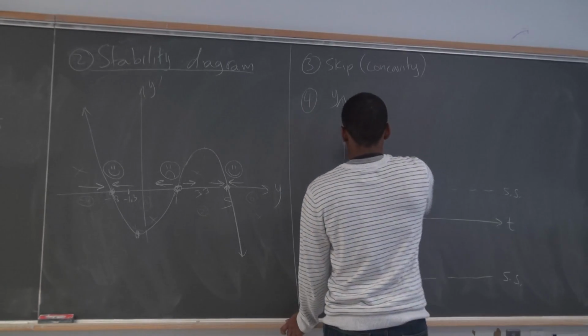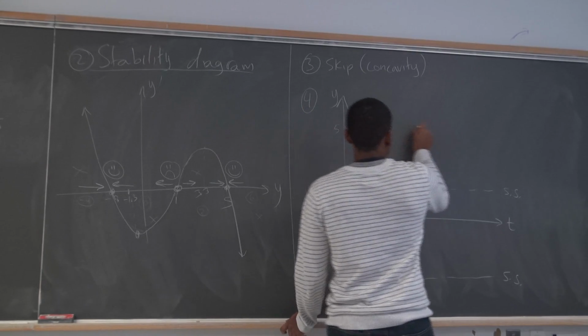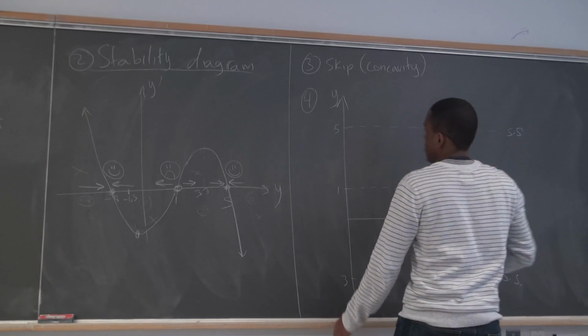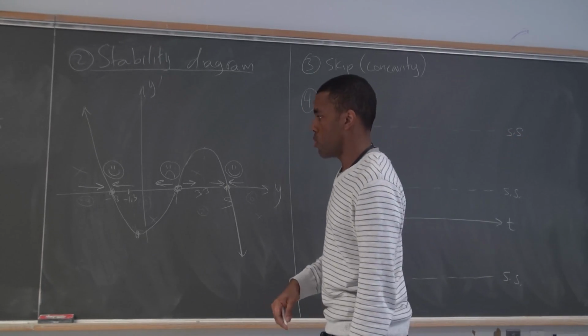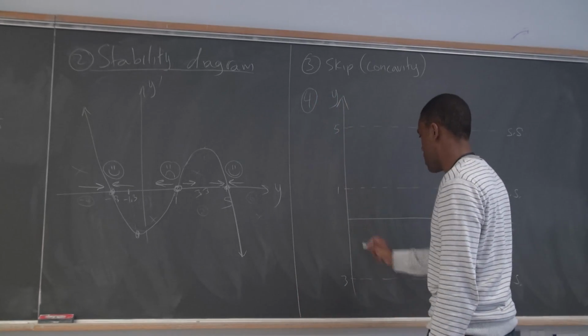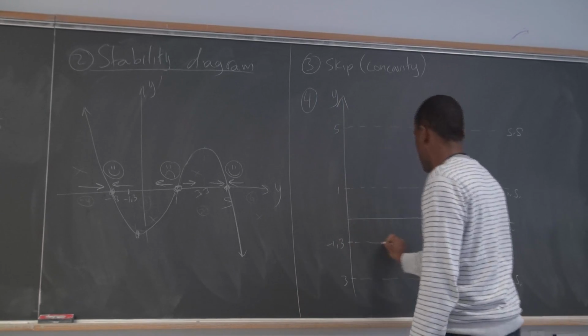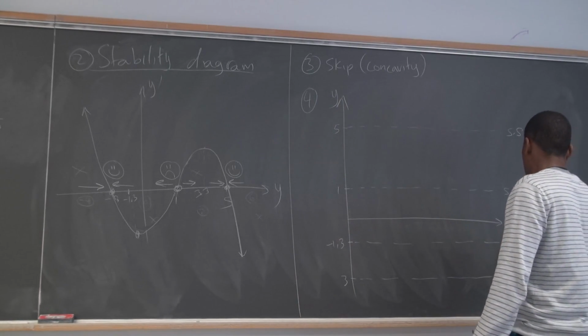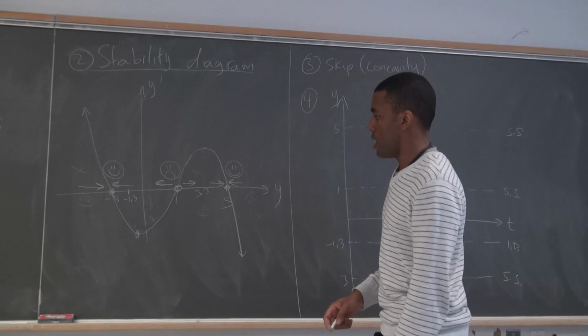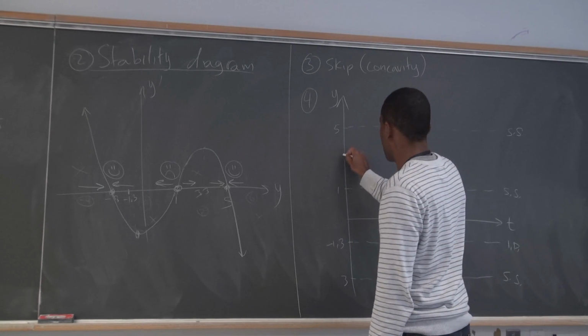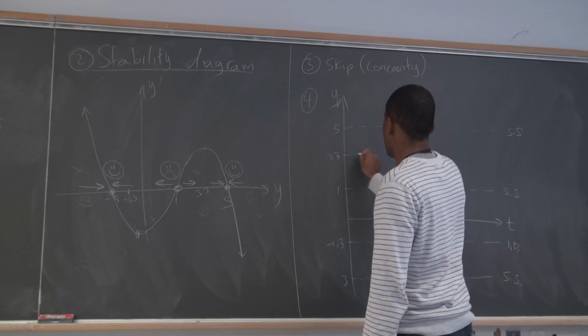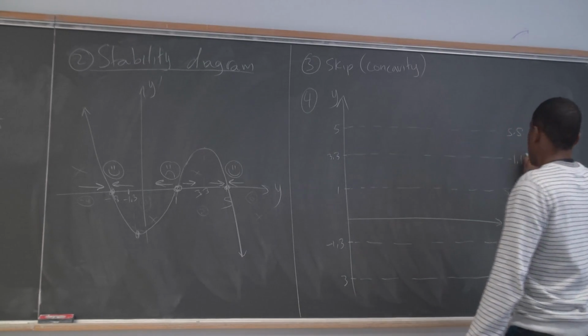This is a steady state. Inflection points were -1.3. That's an inflection point. And 3.3. That's an inflection point.